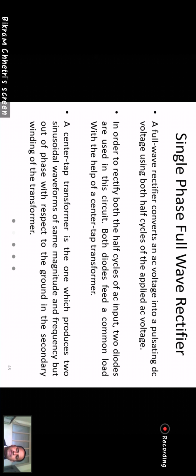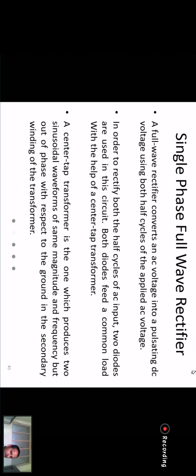So today we'll see the single phase full wave rectifier. There are two types of single phase full wave diode rectifier: the center tap full wave diode rectifier, and the full wave diode bridge rectifier.